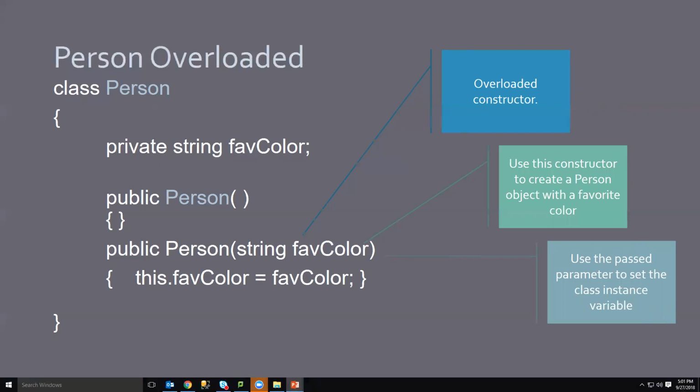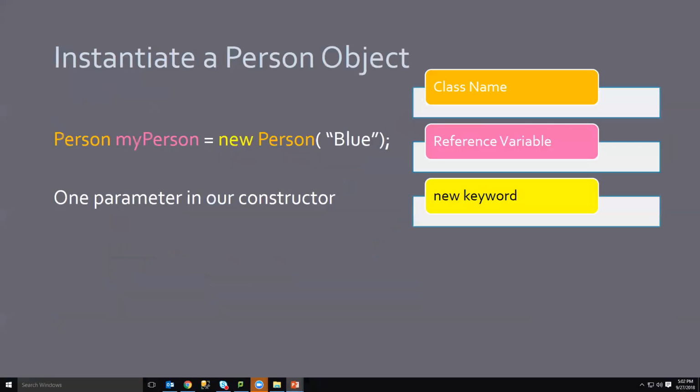Now in this overloaded constructor, we're going to accept that parameter value and use it to set up this person's favorite color. So now when we create a new person, instead of leaving our data inside our parentheses empty, we could pass in their favorite color. So this myPerson likes blue.